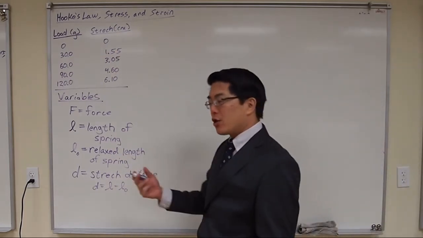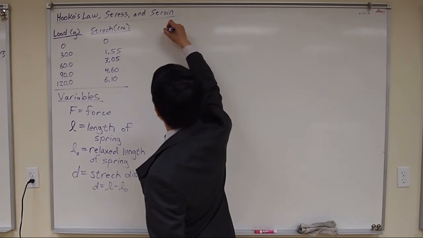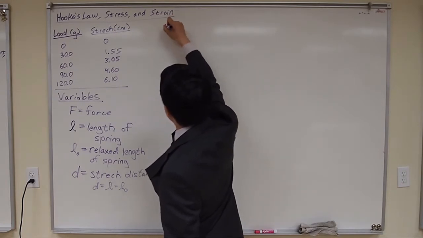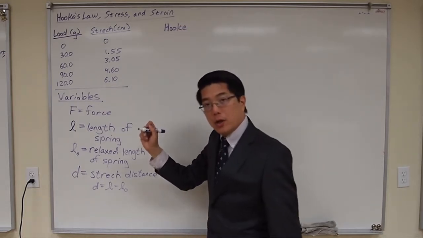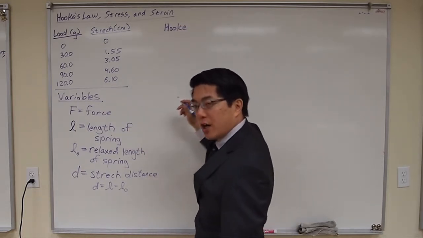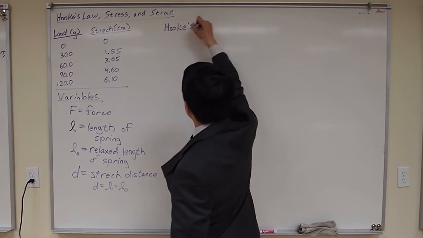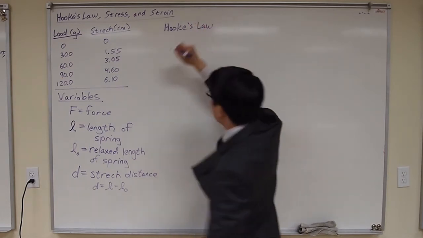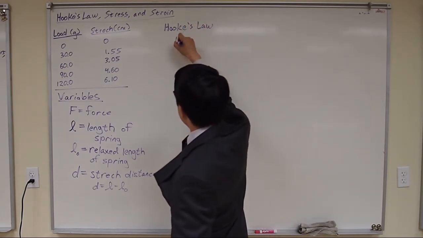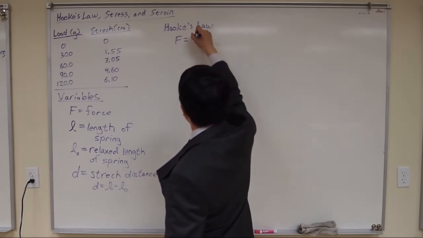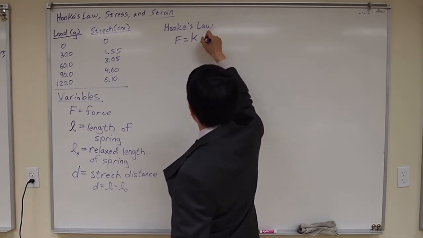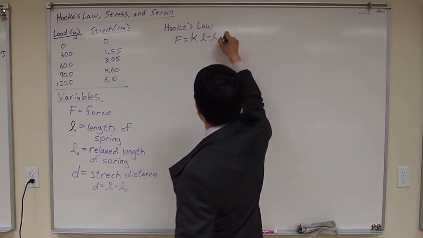Okay, so Hooke's law, named after Sir Robert Hooke, a contemporary of Sir Isaac Newton, says that F equals k, that's a lowercase k, times L minus L0.